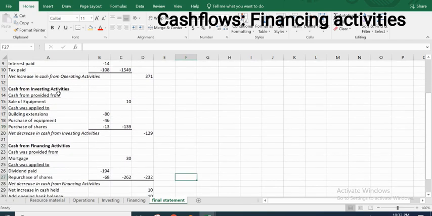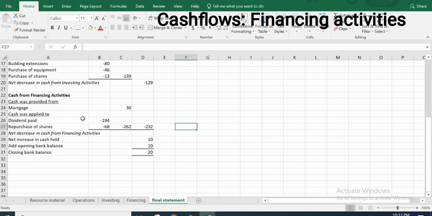Cash flow from investing activities, once again, provided from, applied to, and this will often be a net decrease in cash from investing activities. This is quite normal because we're going to be buying more non-current assets than what we're going to be selling. And then cash from financing activities.